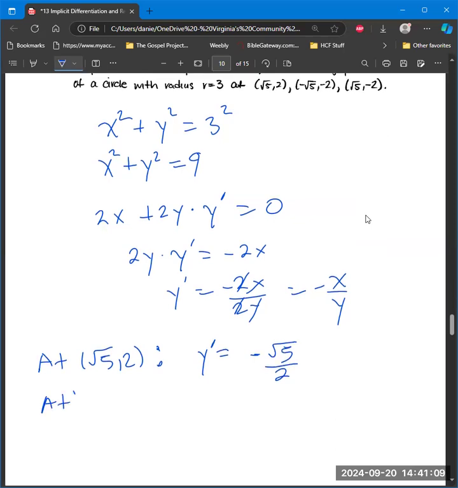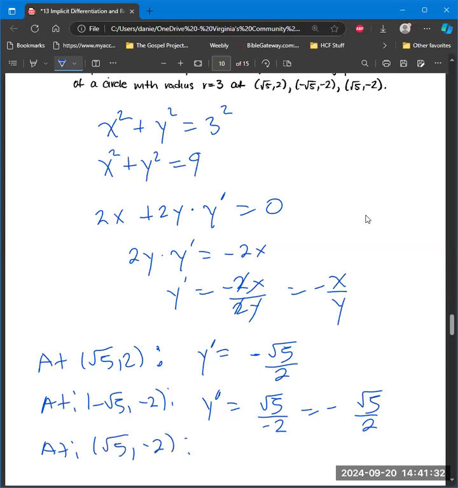At the point (negative root 5, negative 2), y prime is going to be a negative, negative is a positive, over a negative, that's negative root 5 over 2. At (root 5, -2), y prime is going to be the opposite of x divided by y, and negative divided by a negative is a positive.